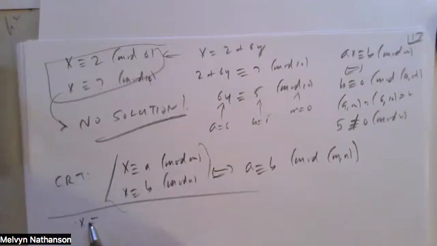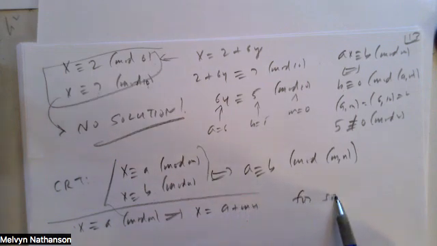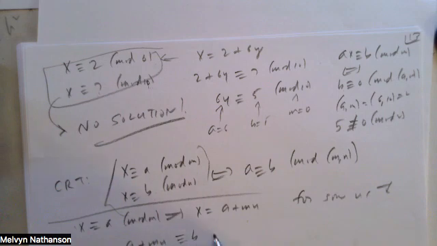Then x congruent to a mod m means x is equal to a plus mu for some integer u, which means a plus mu is congruent to b mod n, or mu is congruent to b minus a mod n.